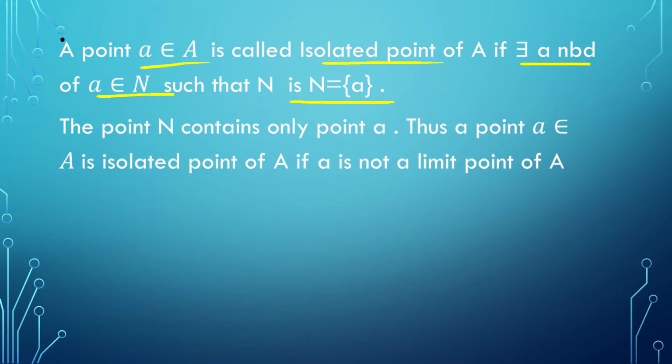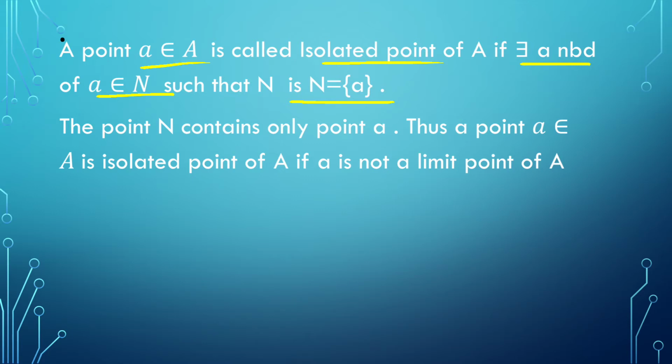So if there exists a neighborhood of that point A in N such that the neighborhood only consists of that point, then it is an isolated point.